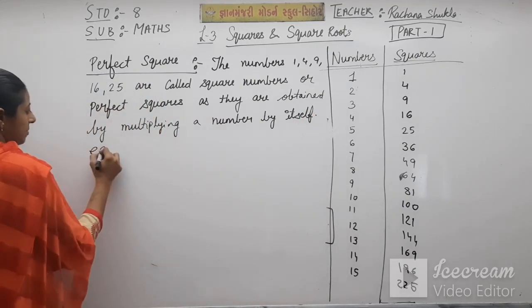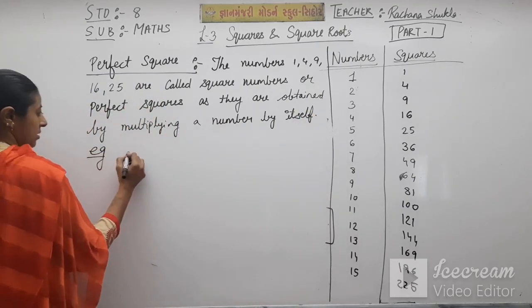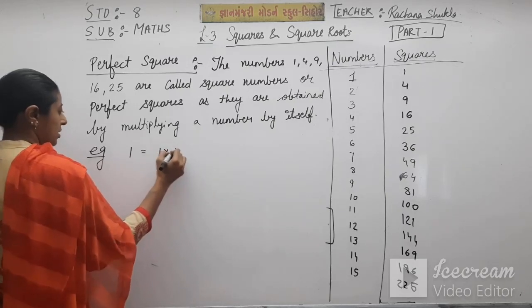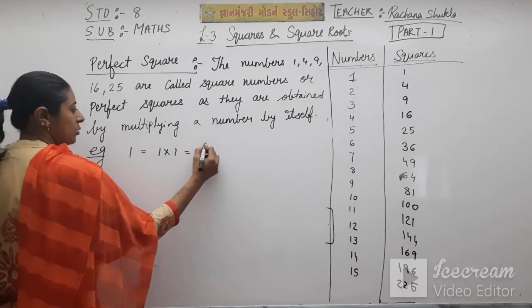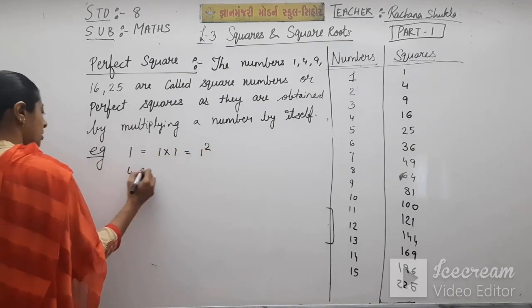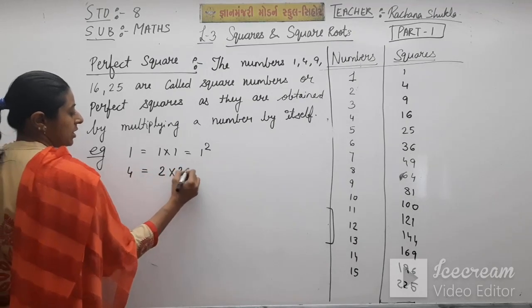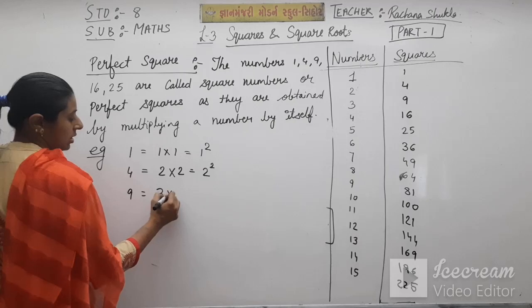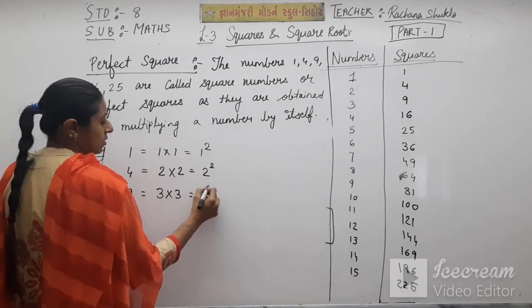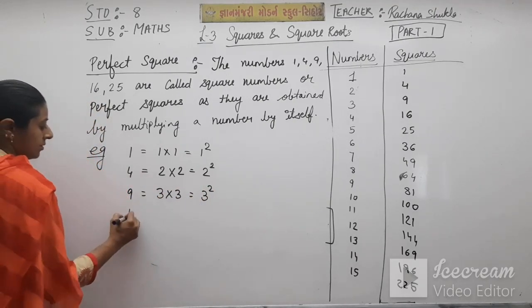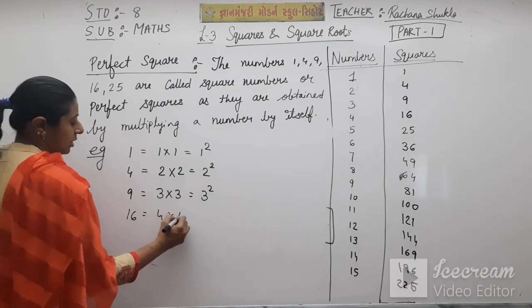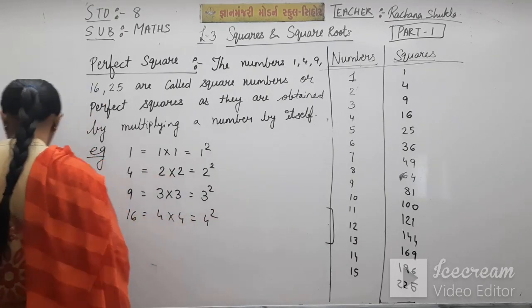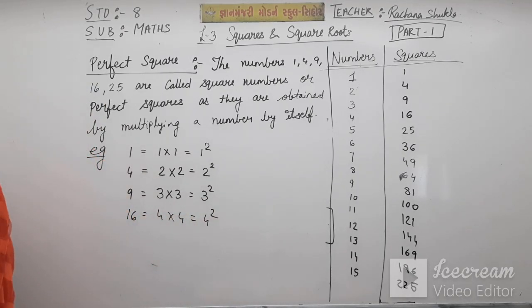And the examples are: 1 is equal to 1 into 1 is equal to 1 square. 4 is equal to 2 into 2 is equal to 2 square. 9 is equal to 3 into 3 is equal to 3 square. 16 is equal to 4 into 4 is equal to 4 square.